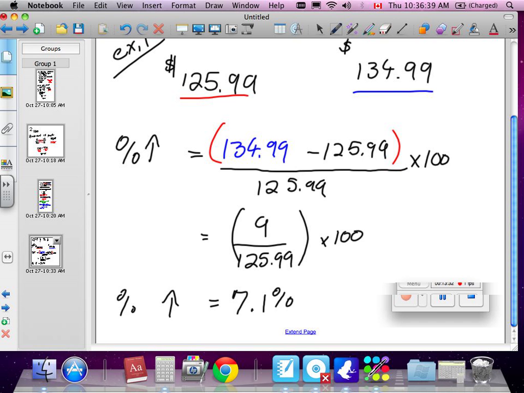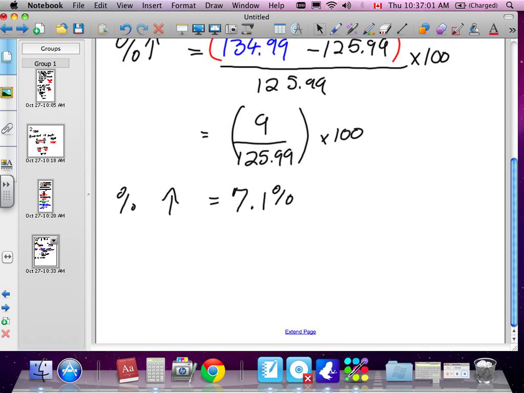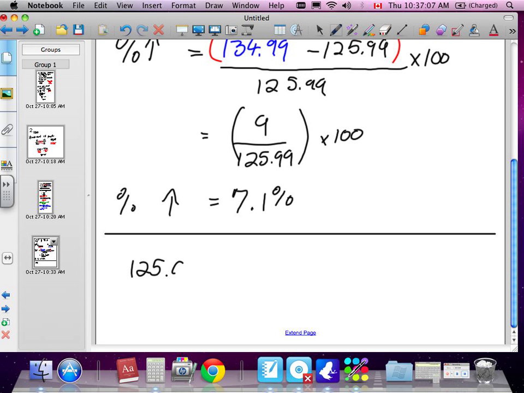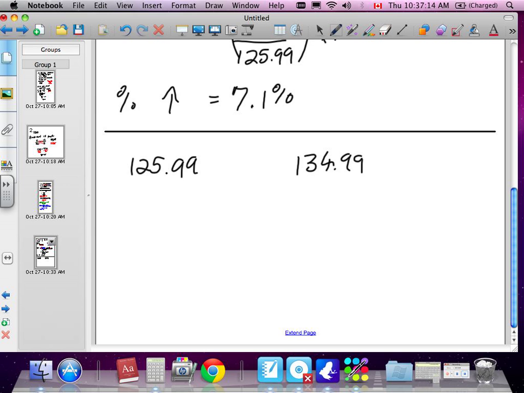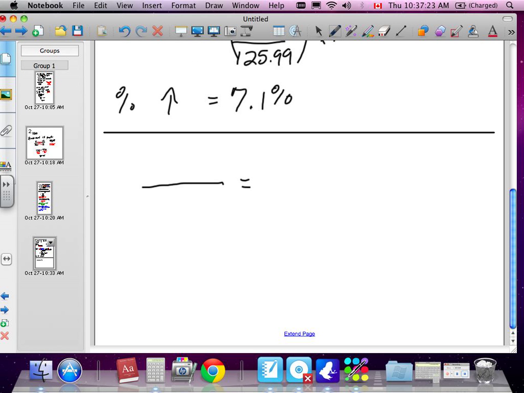Another way you guys could have done this, okay, so we'll put a line underneath so you know that we're showing a second method. Remember, our old price was $125.99, and our new price was $134.99. Okay? Now, those are our prices, and we'll put them on the bottom of the fraction. We're going to put these into fractions, which I know most of you guys hate. $125.99. $134.99.